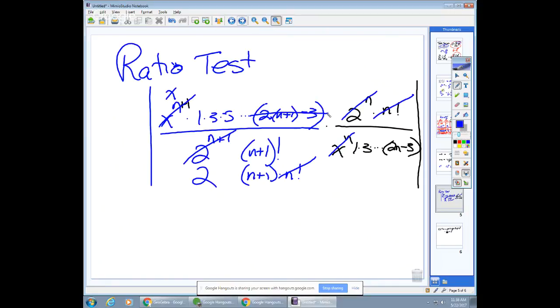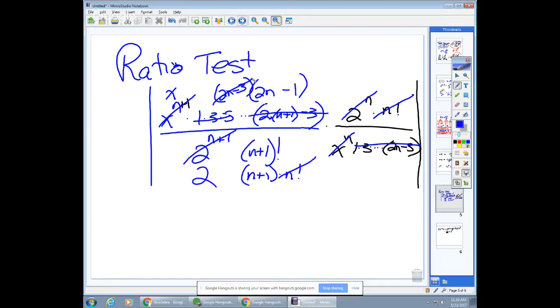If I clean this guy up right there, that's going to be a 2n plus 2 minus 3, which is 2n minus 1. And these are odd numbers, right? So what odd number is right before 2n minus 1? So for an odd number, we have to subtract 2 to get there. It'd be 2n minus 3, right? Yeah, so right before this guy is a 2n minus 3. Point being, that's all of that stuff right there.